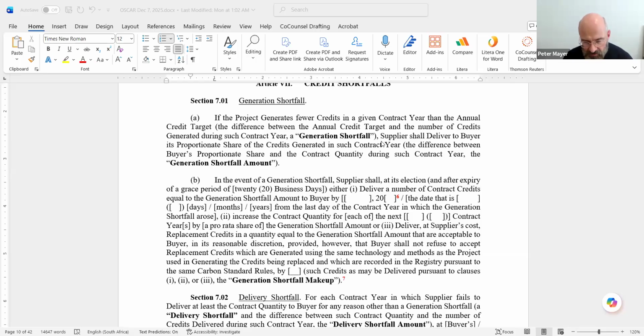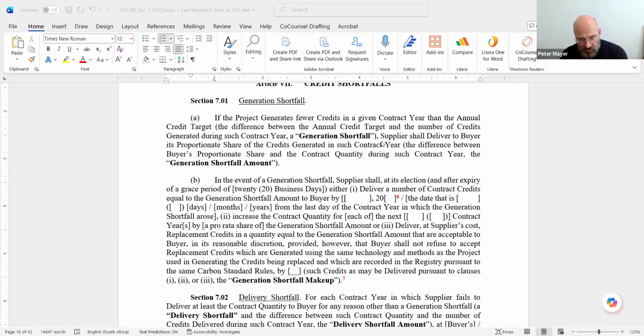Say we expect that the project removes 100 tons by the end of this year, and that doesn't happen for whatever reason. It could be an issue with the technology, it could be an issue because of energy supply, it could be whatever, basically. For some reason, and it does not say here that it's due to the fault of the supplier necessarily. For any reason, the anticipated removal does not happen.